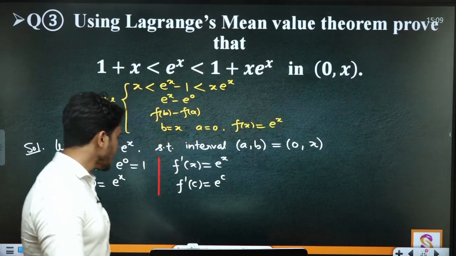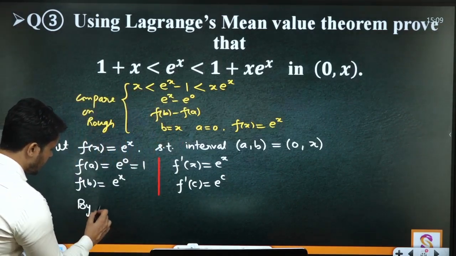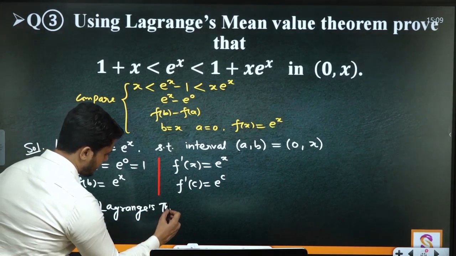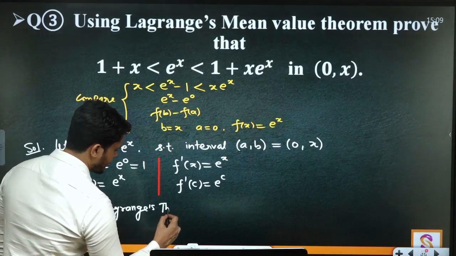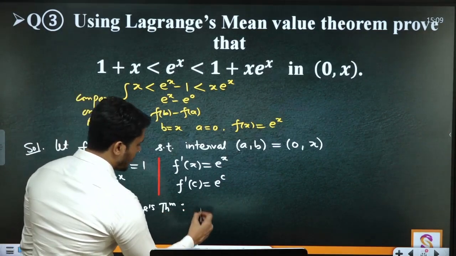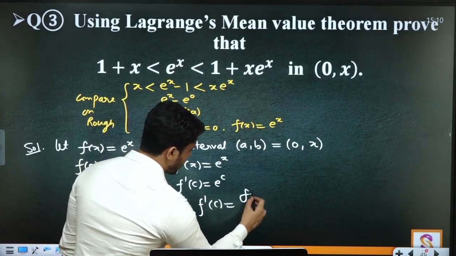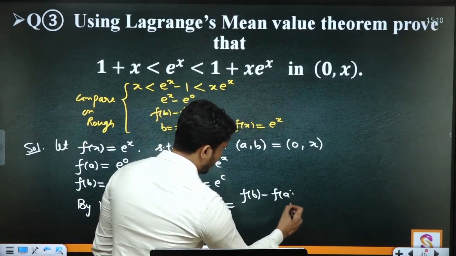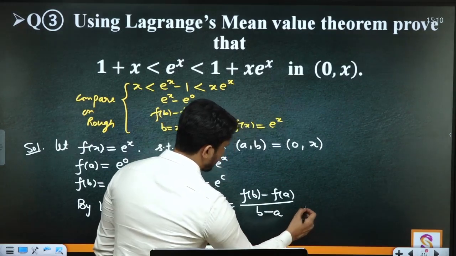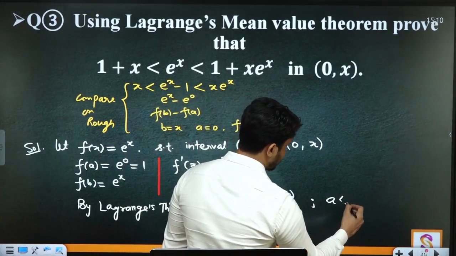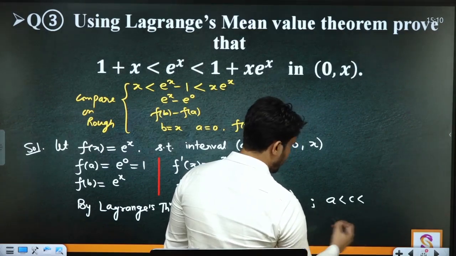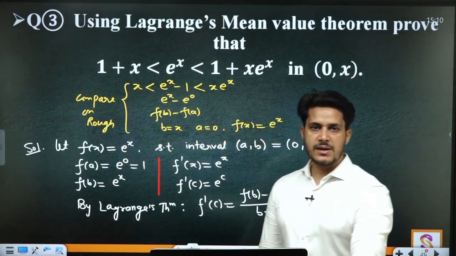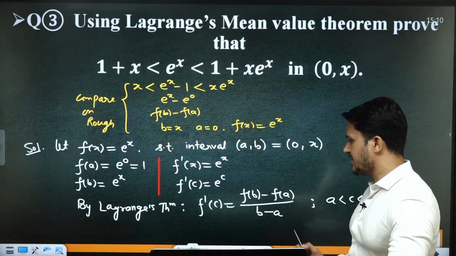And after substituting in Lagrange's theorem, what is that? f dash c equal to (fb minus fa) upon (b minus a), such that a < c < b. So c should exist between a and b.